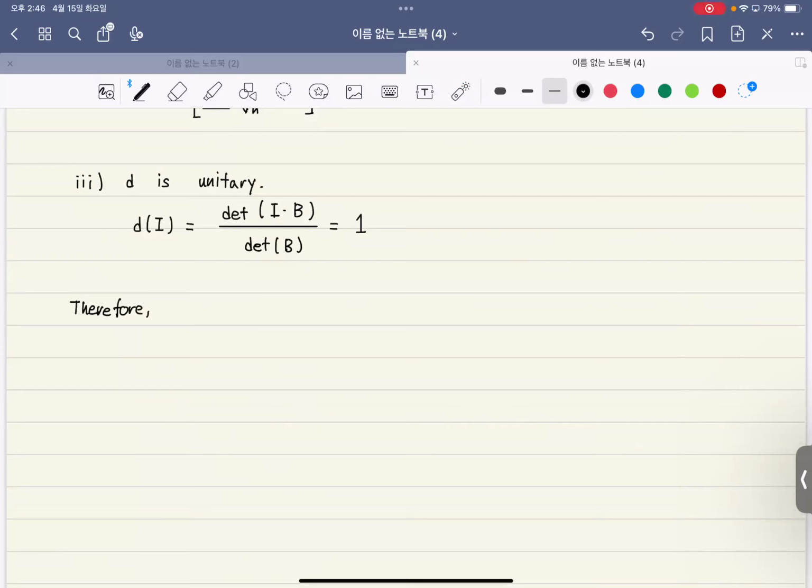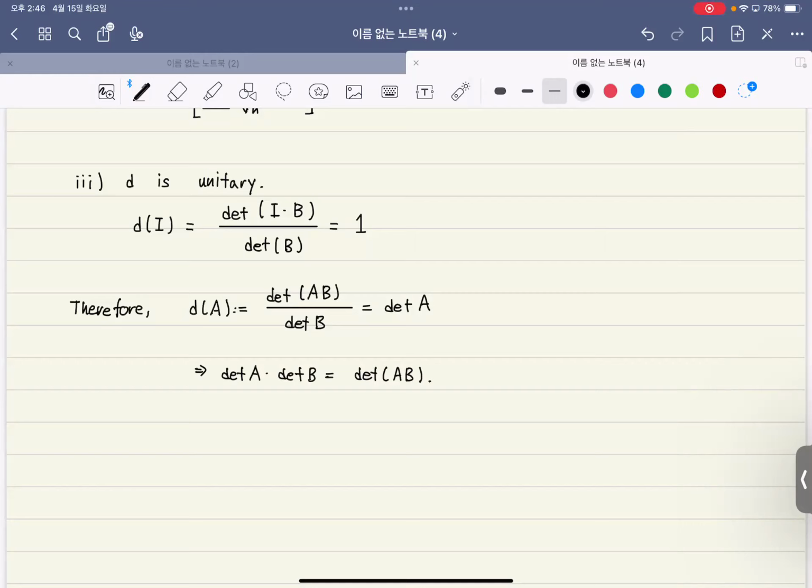Therefore, determinant of A, which was defined to be determinant of A times B divided by determinant of B, turned out to be nothing but determinant of A. Therefore, determinant of A times determinant of B is determinant of A times B. So this formula is true if B is a non-singular matrix.